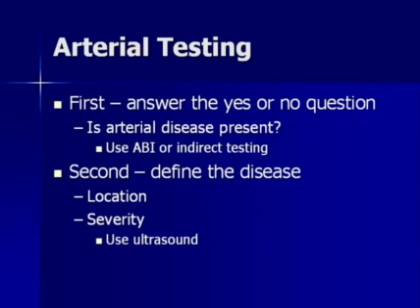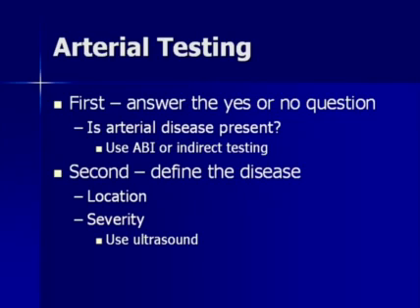When we talk about arterial testing and a patient presents to us, the first question we are asking ourselves is: is arterial disease present? This is a very simple yes or no answer, and we can do this without using ultrasound technology. We can use an ABI or indirect testing to find out whether or not a patient has arterial disease. Very simple, very straightforward.